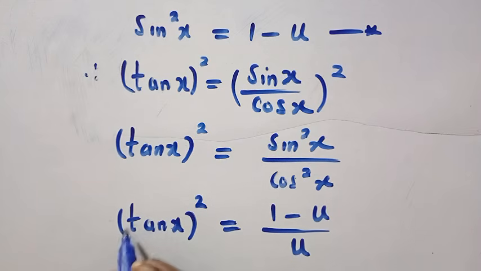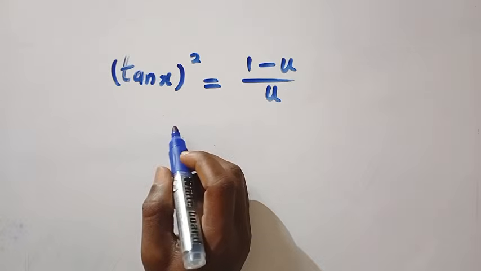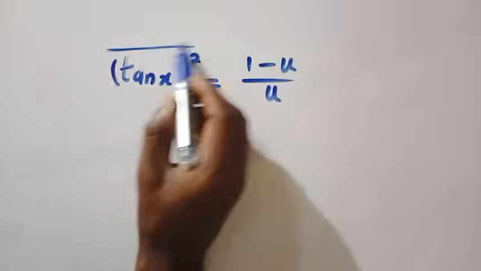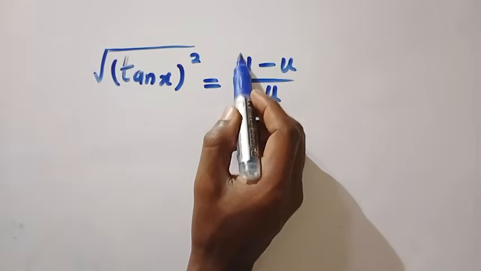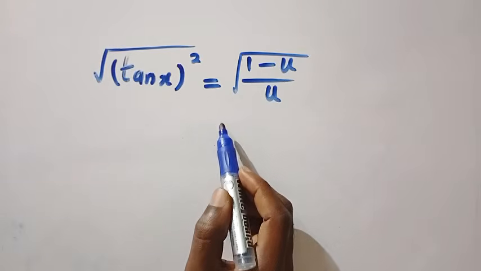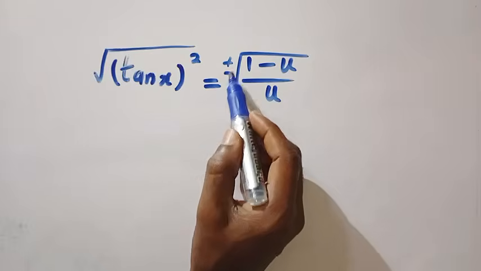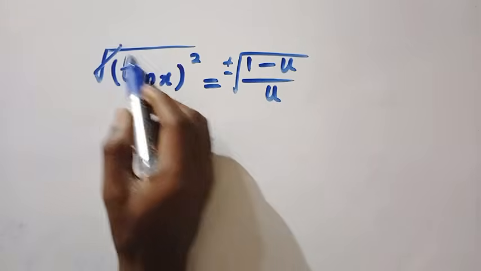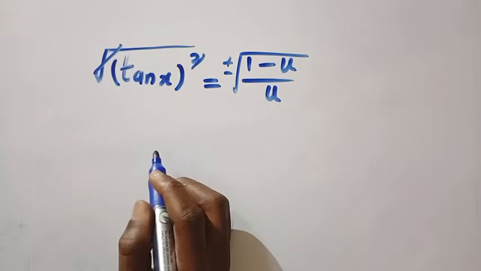Then we need only tan x, and this is tan squared x, so we have to take the square root of both sides. Taking the square root of both sides, we have a plus or minus on the right, and the square and square root cancel.